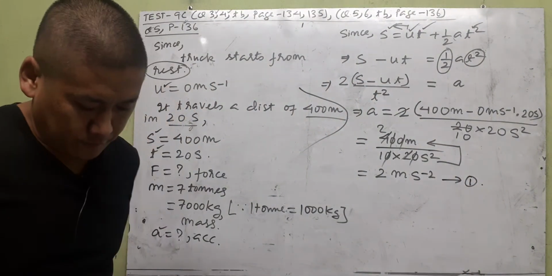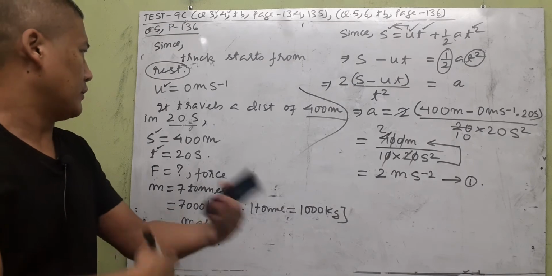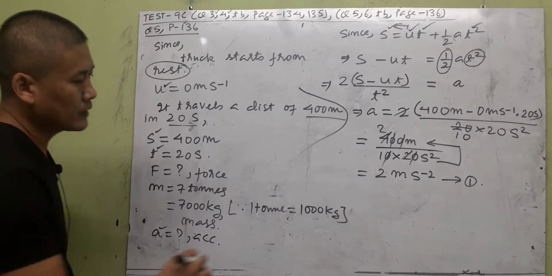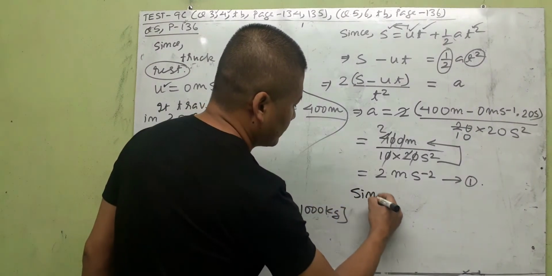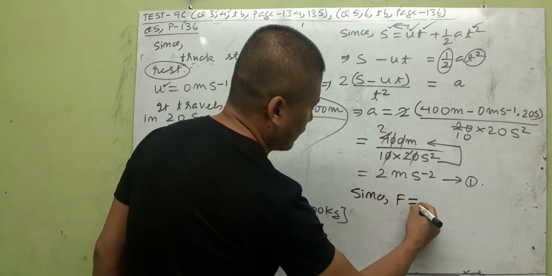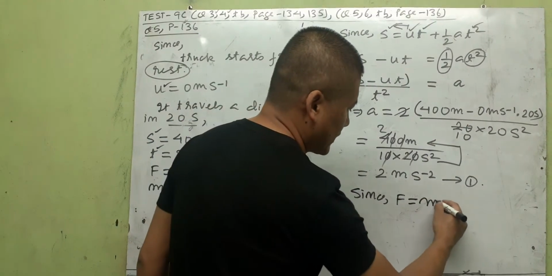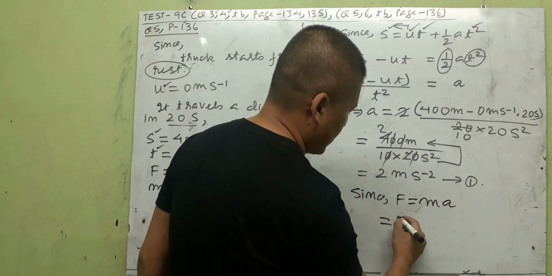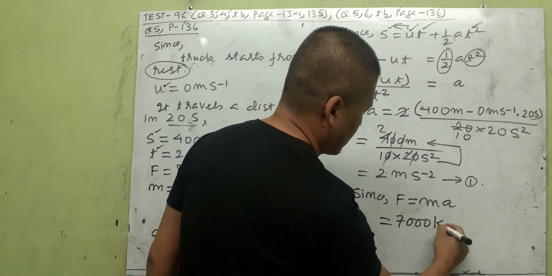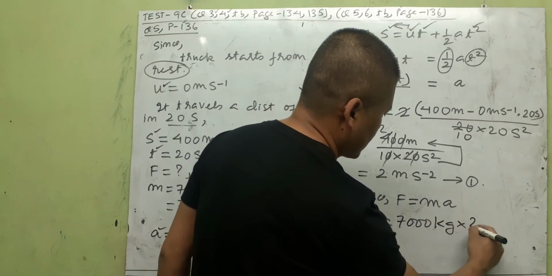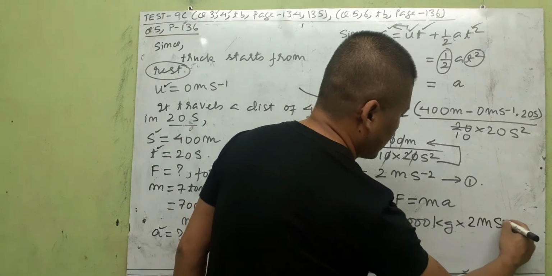They also told you to find the force with which it is rolling down. So by the second law of motion, F is equal to mass into acceleration. The mass of the vehicle is 7,000 kg into acceleration, just now 2 meter per second square.